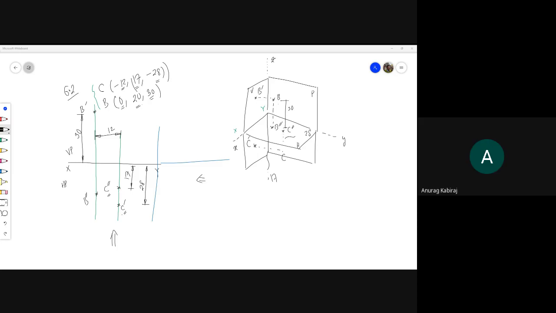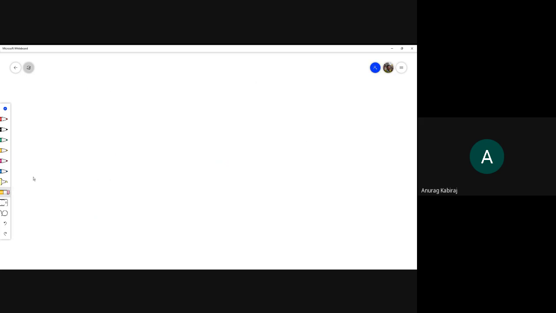Okay. So let's move on to 6.3. So in 6.3, all lines have length 60 mm.